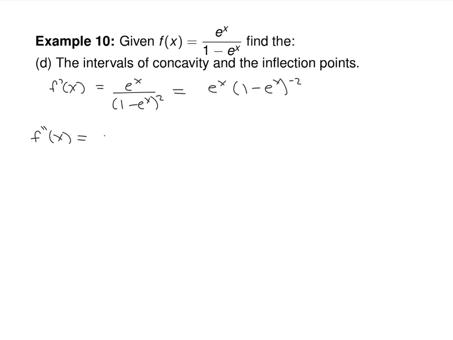So the second derivative is e to the x times (1 minus e to the x) to the negative 2, plus e to the x times minus 2 times (1 minus e to the x) to the minus 3 times almost negative e to the x.